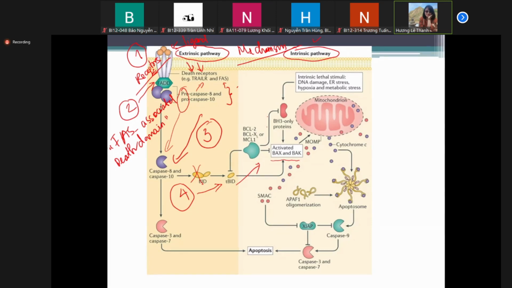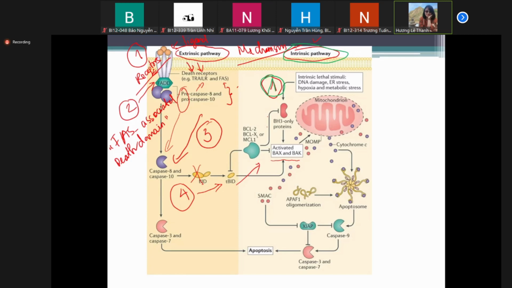And what about the intrinsic pathway? This is step number 1 of the intrinsic pathway.